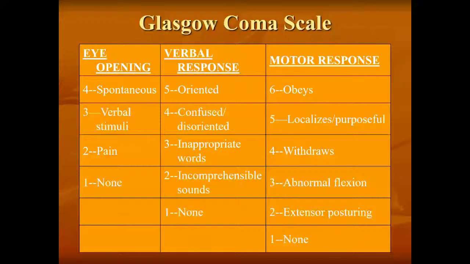So verbal response, I had a difficult time in the beginning with scoring them a 3 or a 2. But I think this does a little bit better laying it out because, I mean, you know the difference between inappropriate words related to the conversation versus it's just incomprehensible mumbling noises that aren't even formed words. So I think that was helpful here.